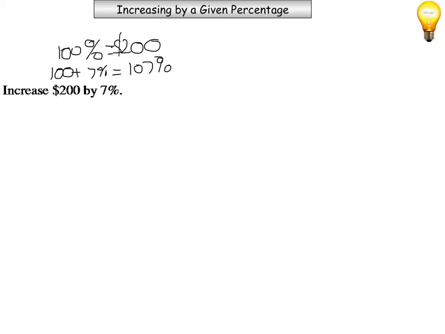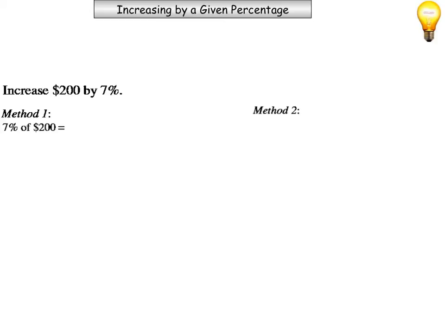The first way, we'll just call it method 1. So we find 7% of $200. We've just learnt how to find the percentage of a quantity, so we know how to do that. We write the percentage as a fraction, multiply it by the amount. Now that gives us $14. Now we really need to make sure here that we remember that we're not done yet, because here we're increasing it by 7%.